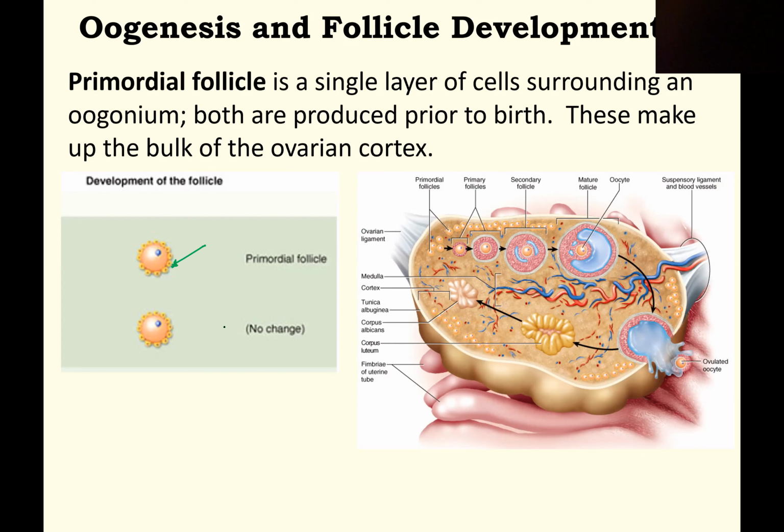And these are produced before birth. So when you're born, you already have the potential ova in the ovaries that you could possibly release. So these are some of the oldest cells in the body. They make up the bulk of the ovarian cortex.